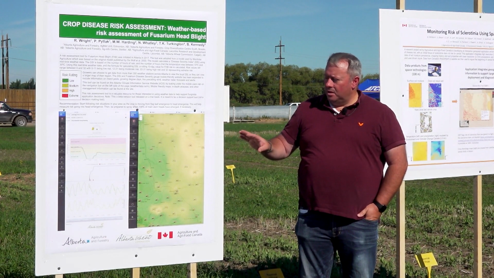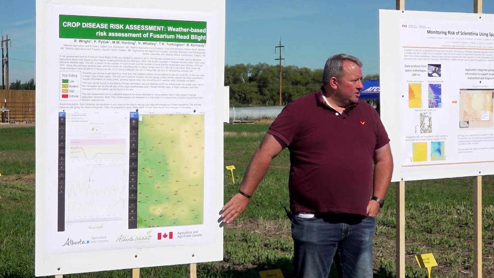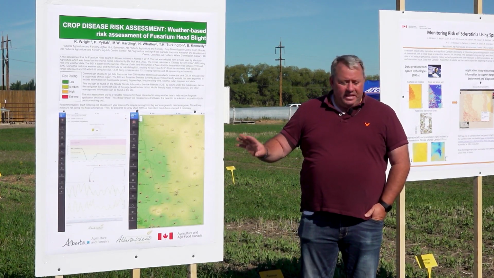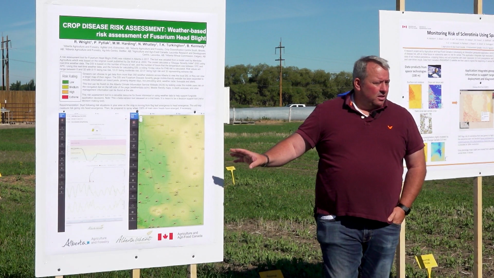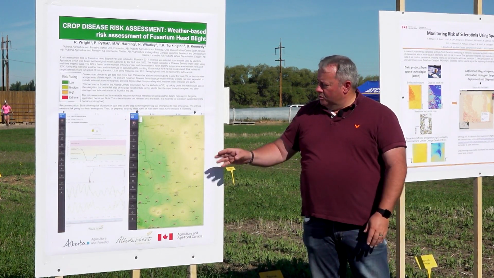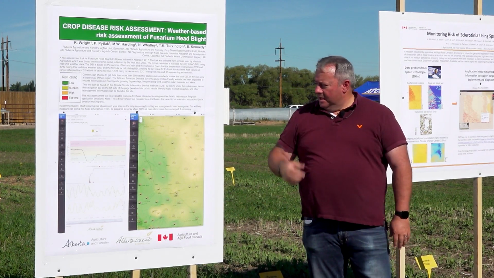And so Alberta happens to have one of the best weather data collection systems in the world, thanks to Ralph and his group. And so it was very easy for them, once they got the model, to just use all of that weather data to create maps that show you where high risk and low risk is.